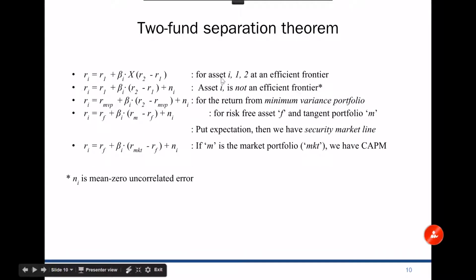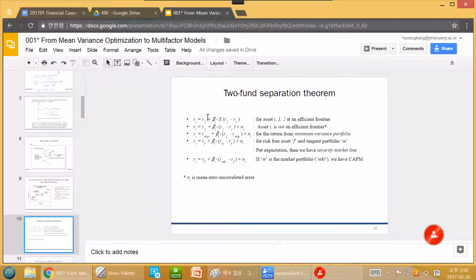by the previous argument, suppose that we have three assets in the efficient portfolio. Suppose we have two portfolios on the efficient frontier, 1 and 2. Then by an appropriate linear combination, we can create this one.